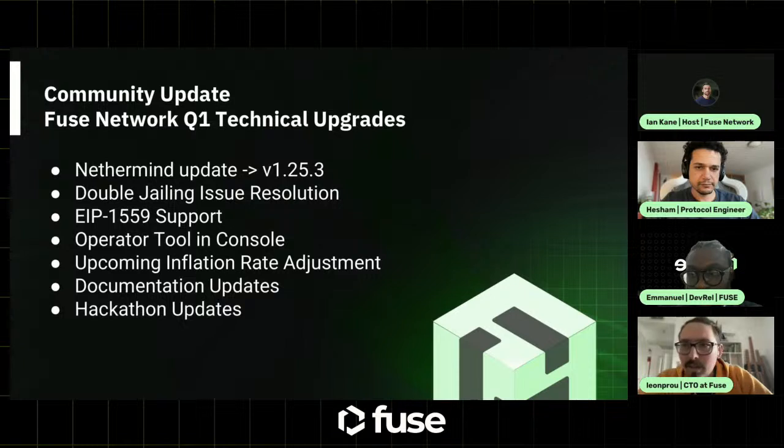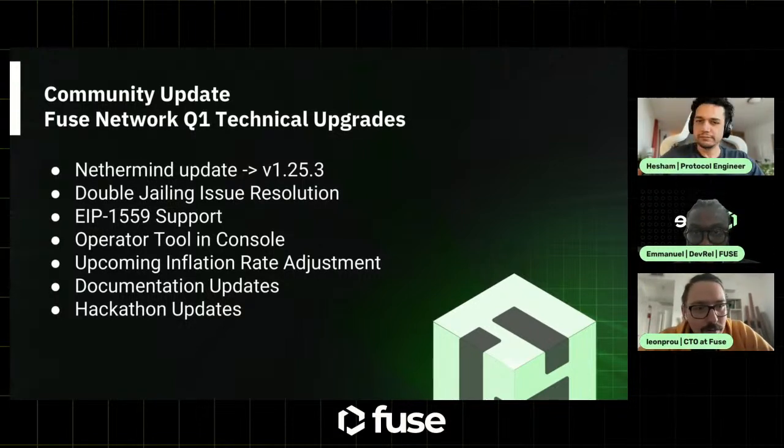Hey everyone, welcome. Today we're doing the session of some dev community updates for Q1. You will see what is going to happen in the next quarter, and also some updates about the stuff we already did. So just giving you a small list of things: Hisham will discuss the Nethermind updates and the double jailing fix that we did.